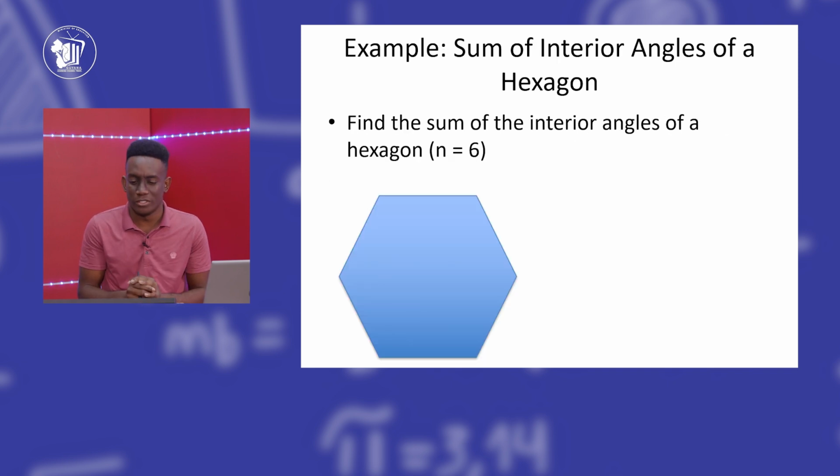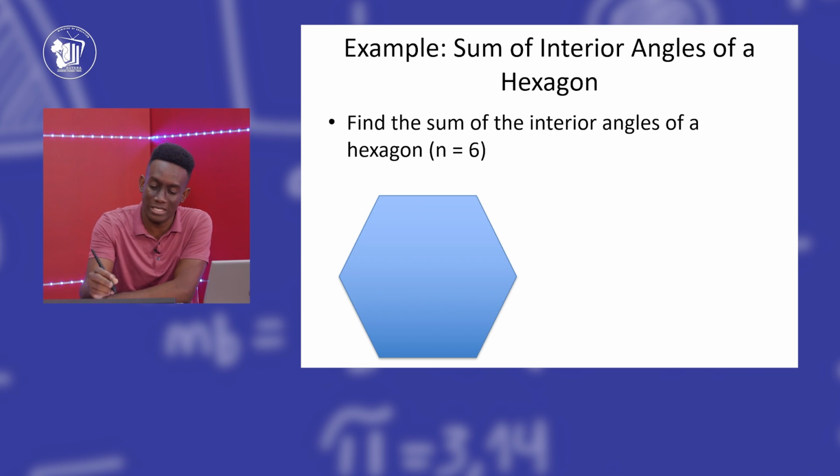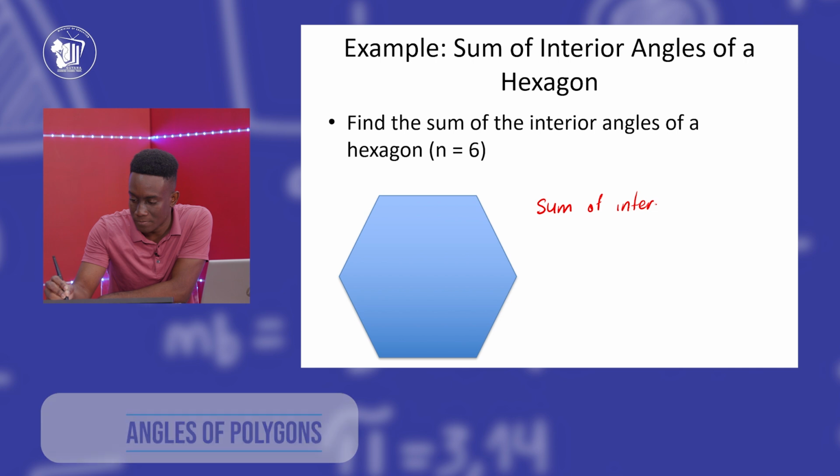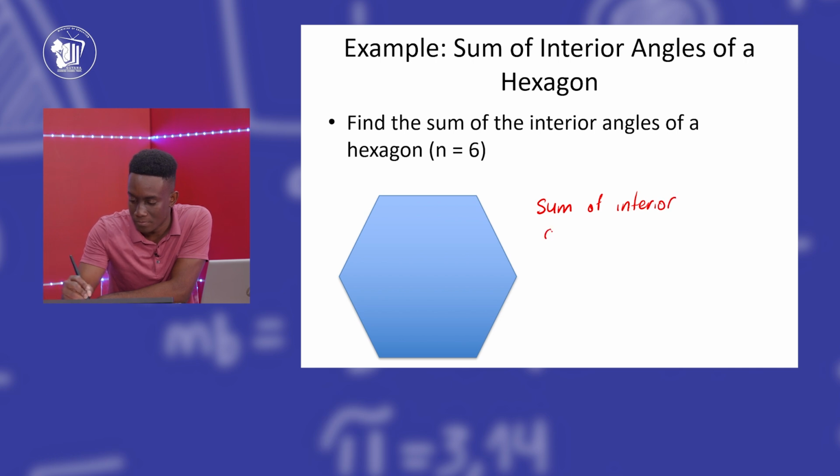So the first question, find the sum of the interior angles in the hexagon. They gave us the number of sides, which is 6. So the formula to find the sum of the interior angles would be n minus 2 multiplied by 180.